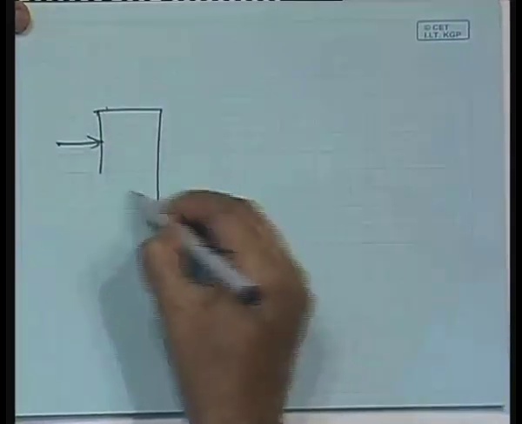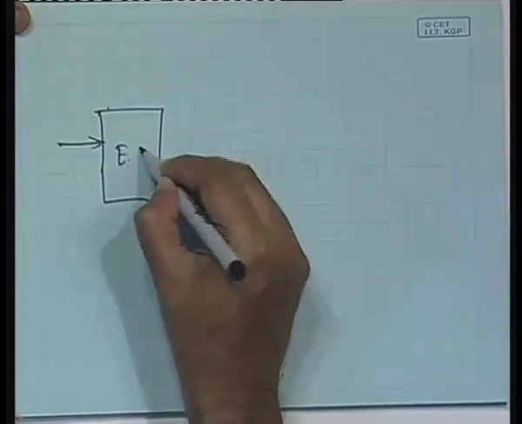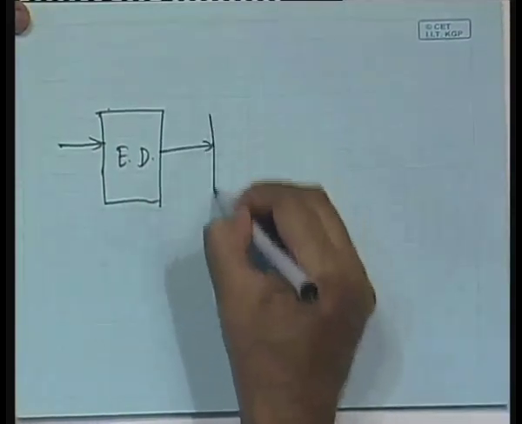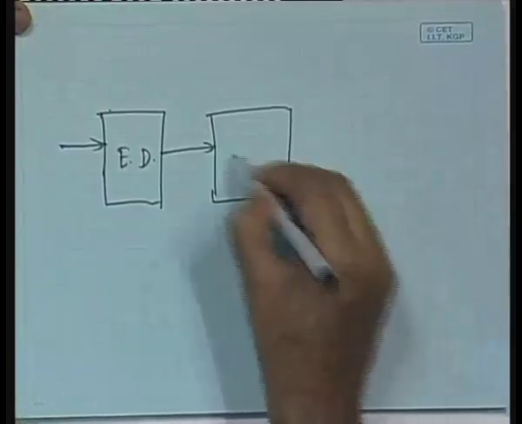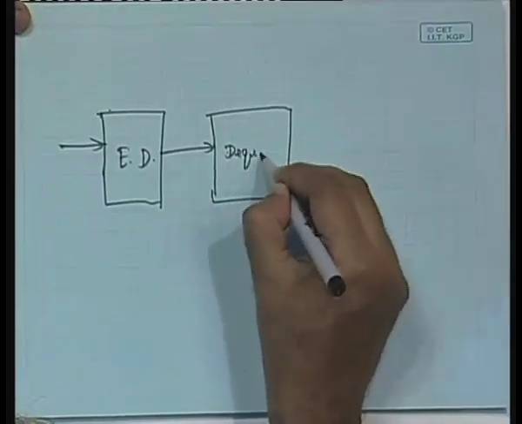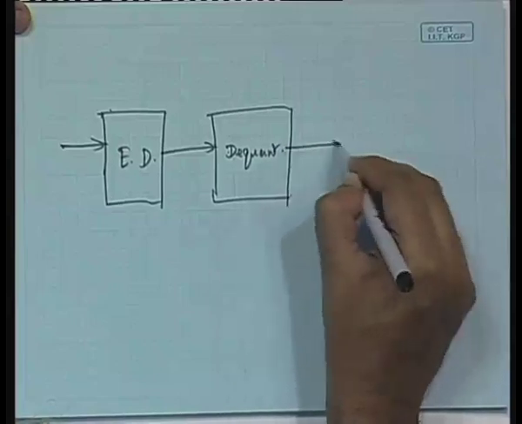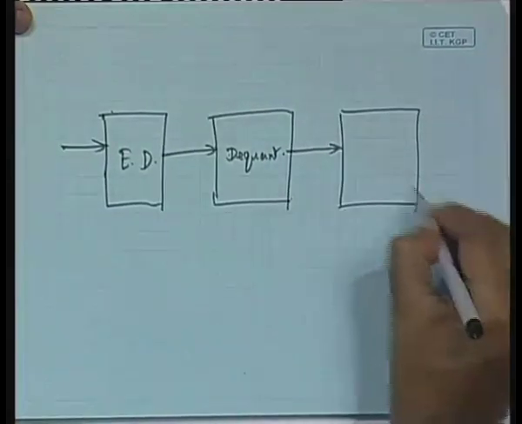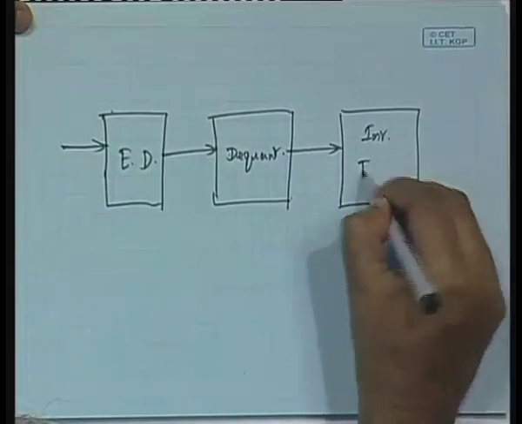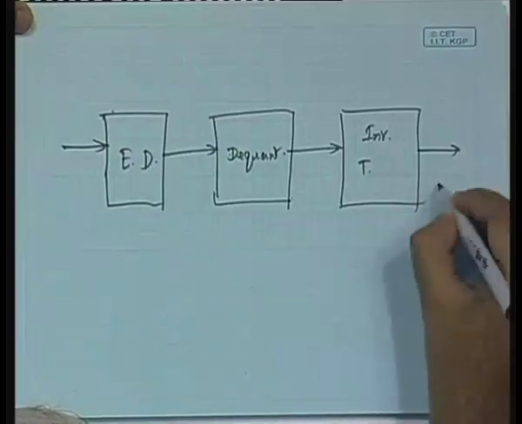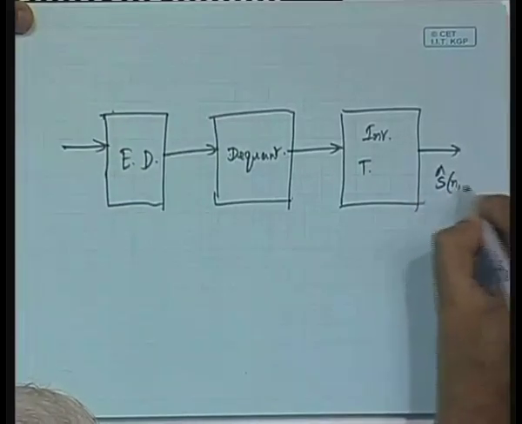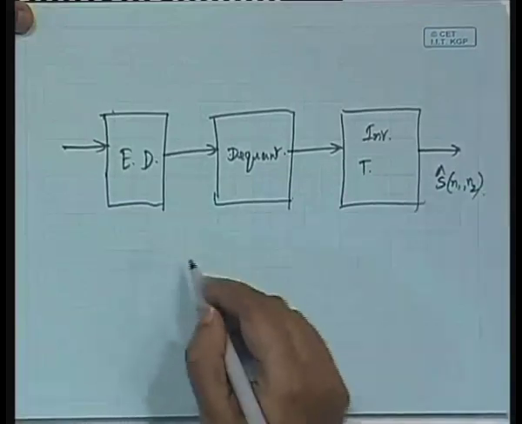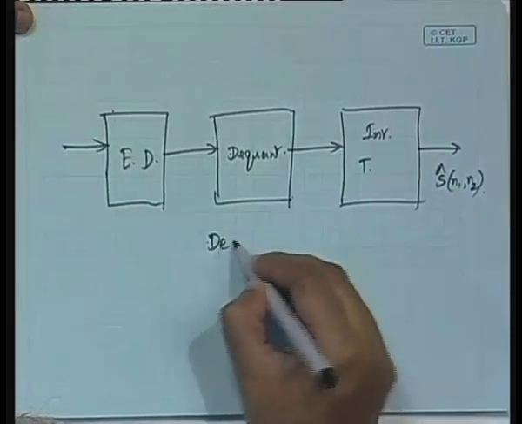So, just to quickly show you, this is the entropy decoder, this is the dequantizer, and the next one is the inverse transformer, and the output is S cap of N1, N2. So, this is going to be our decoder.